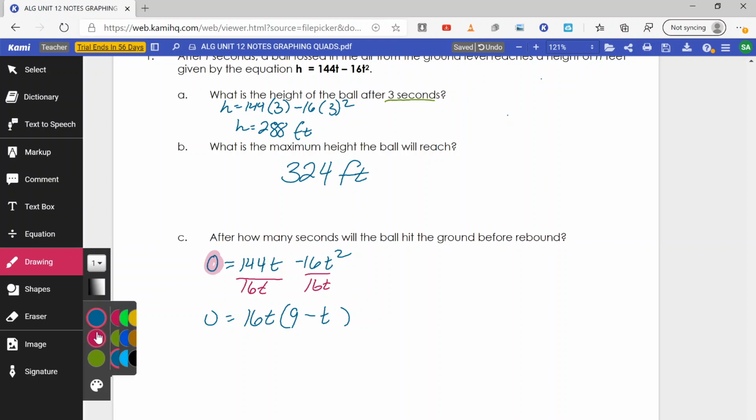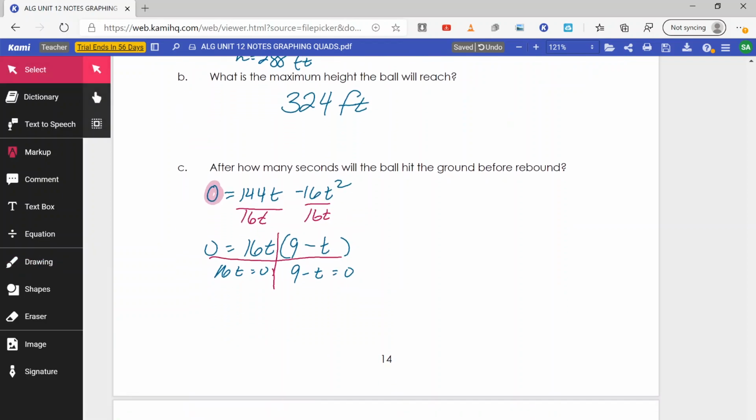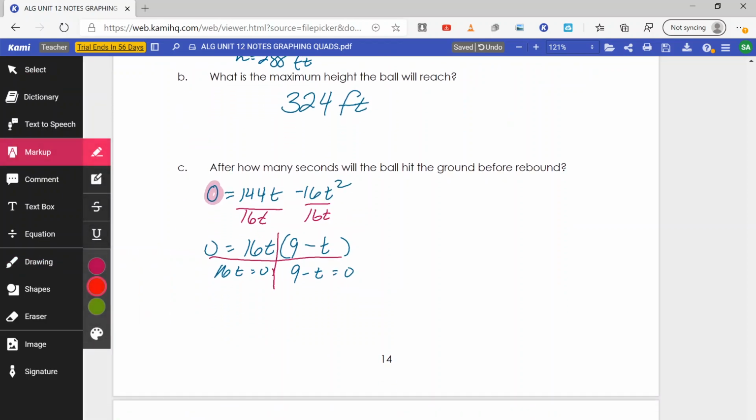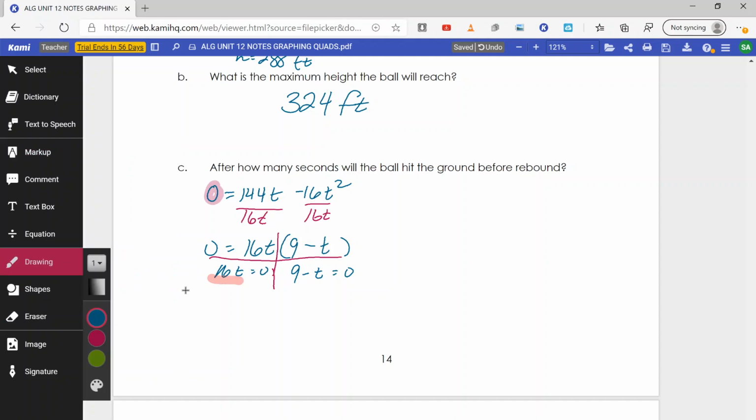So now what I want to do is split these up and set them equal to 0. So we have 16t equals 0, and 9 minus t equals 0. On this side with the 16t, I'm going to divide by 16.